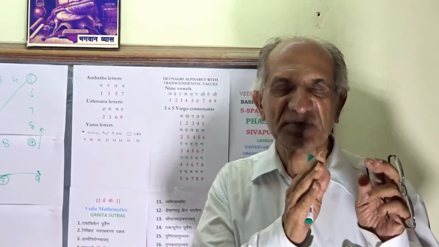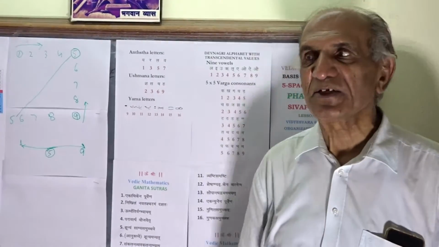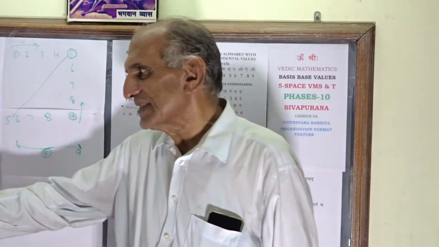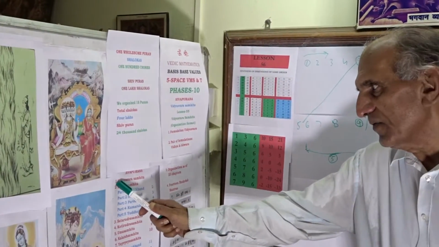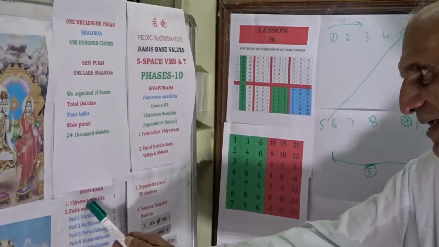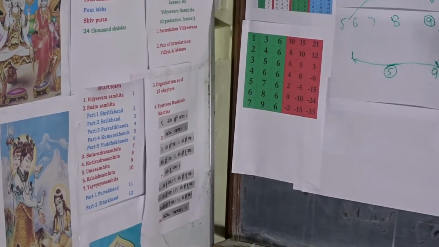The organization of Shipron has, as its first feature, that it is organized as 7 Samhitas, and the first Samhita, Videshwar Samhita, is organized as 25 chapters.